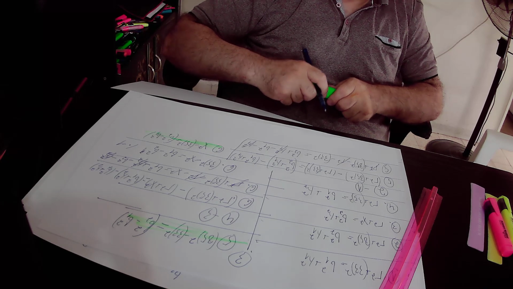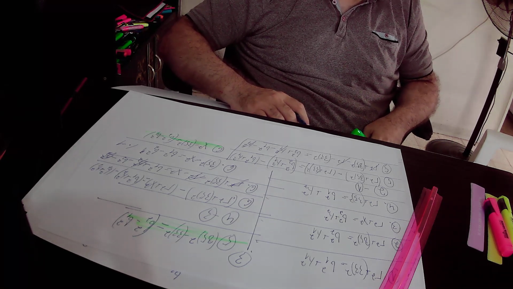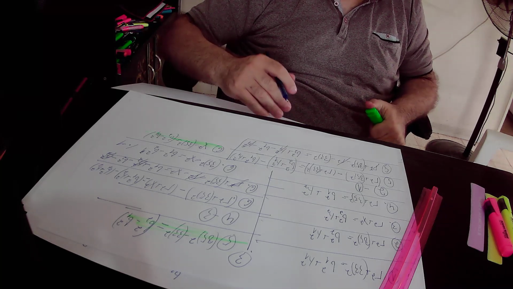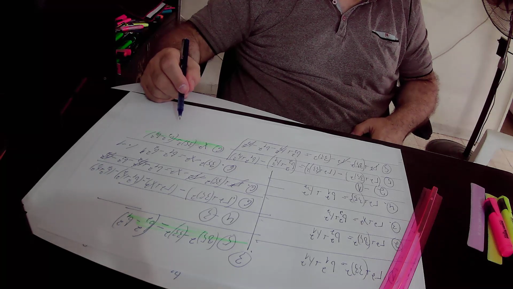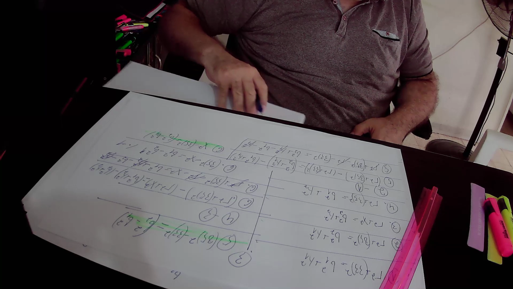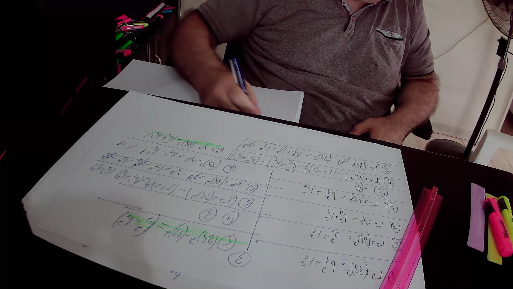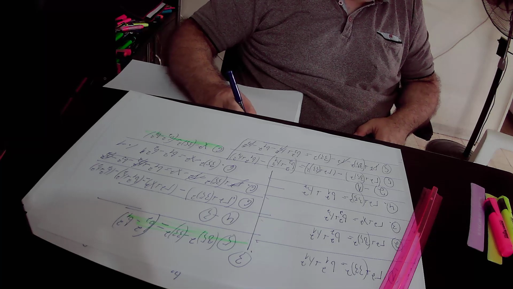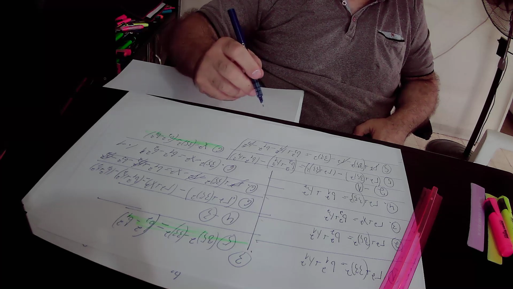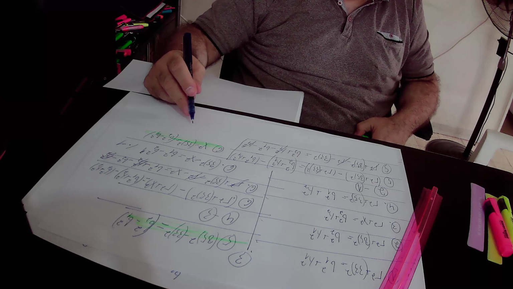In the next step, we will create equation number 7 that states that b2 squared minus b1 squared according to equation number 5 must be equal to b2 squared minus b1 squared according to equation number 6. I'll repeat again. Equation number 7 states that b2 squared minus b1 squared according to equation number 5 must be equal to b2 squared minus b1 squared according to equation number 6.